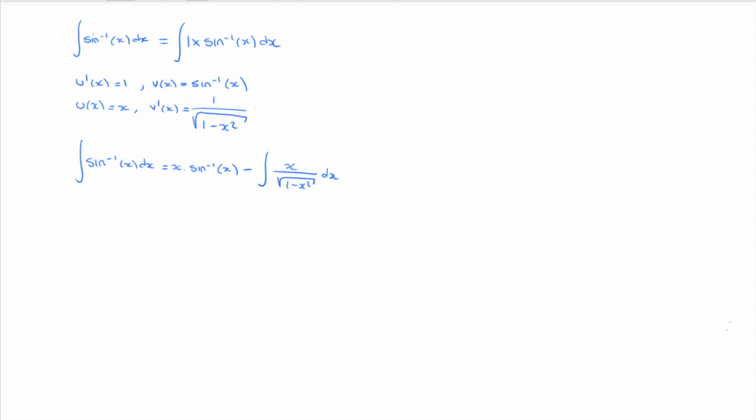Now, this second integral can be found using the method of substitution. And in fact, we'll go ahead and do this on the right-hand side here. So we've got the integral of x over the square root of 1 minus x squared. We're going to make a change of variables, and let's say let u equal 1 minus x squared.